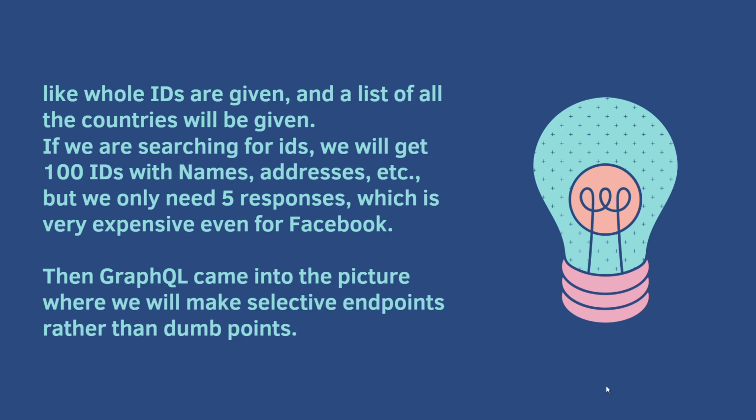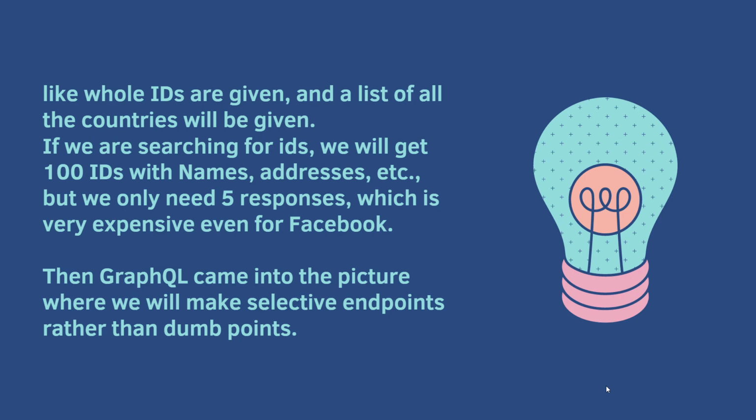Hitting the server multiple times for a single user, when we have millions and billions of users, is not feasible or advisable. So we should not be using REST APIs in those conditions.